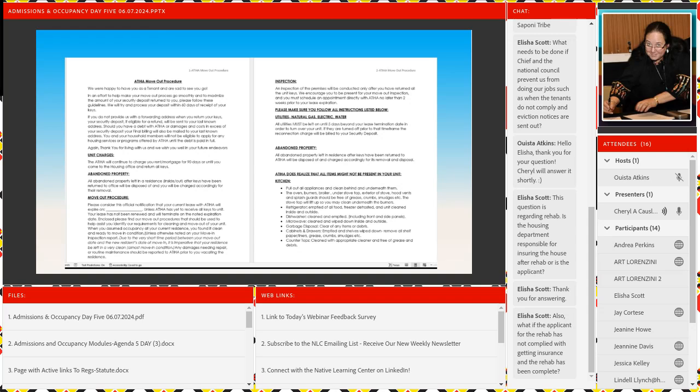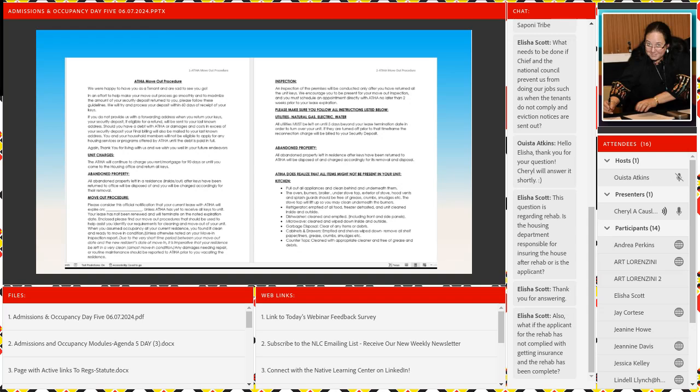Should you have a debt with the housing authority or damages and costs in excess of your security deposit, your final billing will also be mailed to your last known address. You and your household members will not be eligible to apply for any housing services or programs offered by the housing entity until your debt is paid in full.